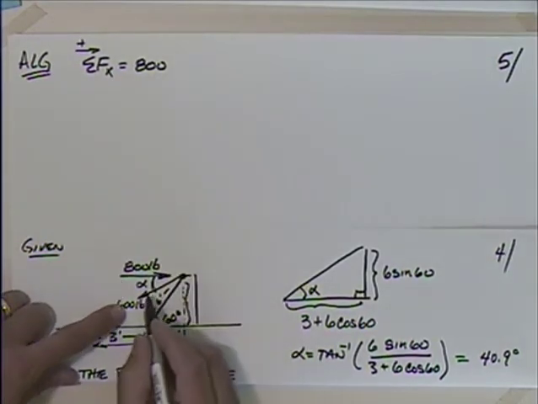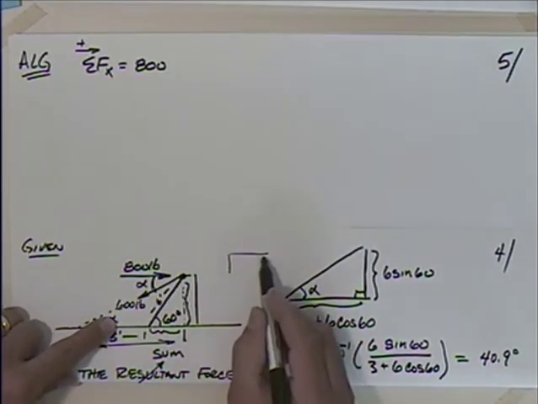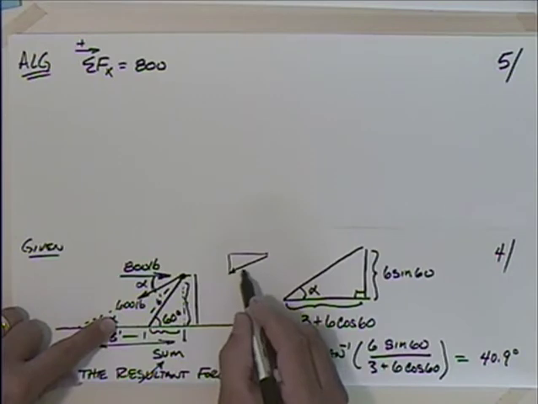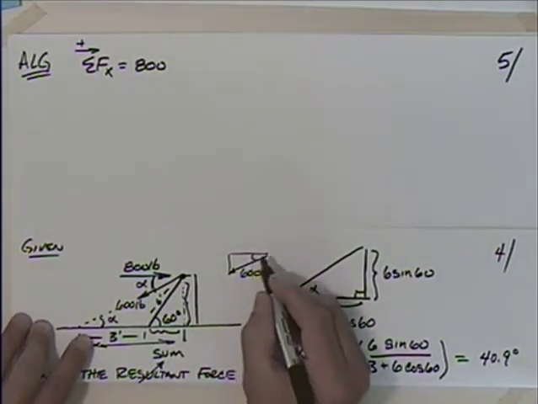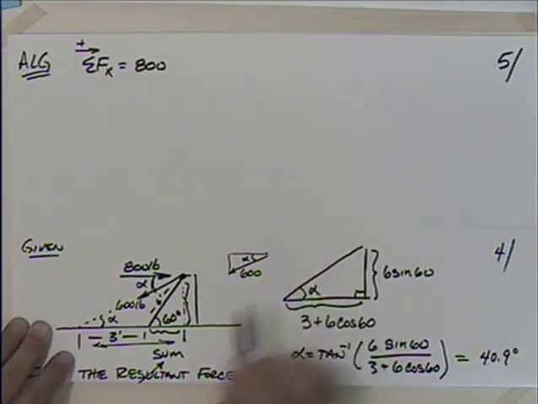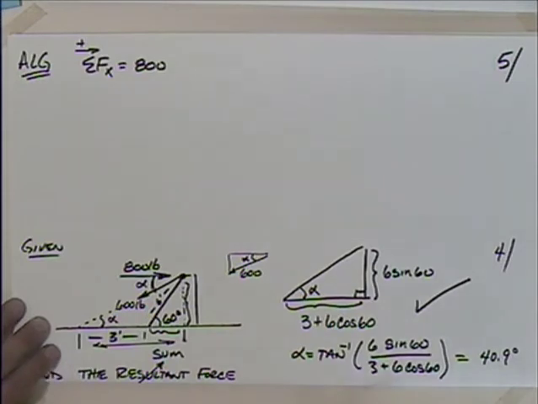Okay, and then this, does this 600 have an x component? Yeah, it does. If we look at that 600, there's that 600, and there's this angle alpha in there. So you still have to find alpha, no matter whether we use the geometry approach or the algebra approach. You still got to get alpha in there.